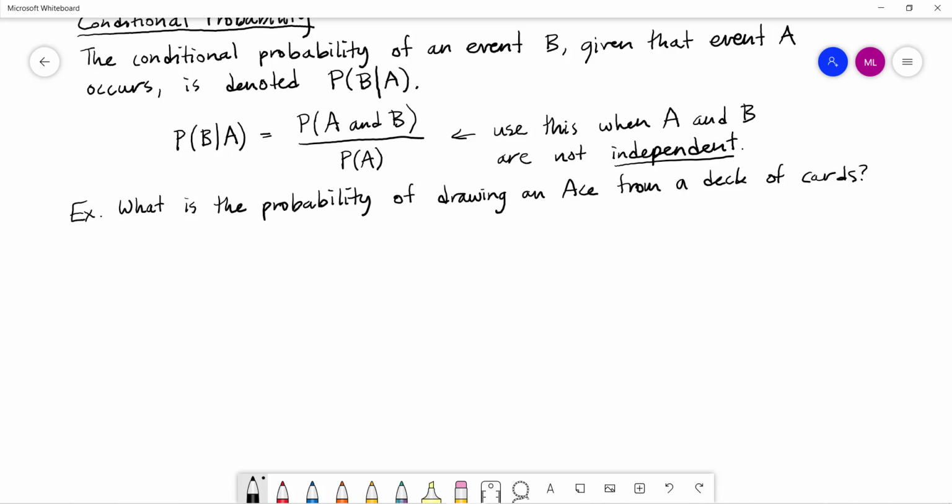In this case, the event that we're going to call B is drawing an ace. There we go. So when I ask, what is the probability of drawing an ace? Well, in a full deck of cards, there's 52 cards, and of those, 4 are aces. So you can write that as either 4 out of 52, which simplifies down to 1 in 13.